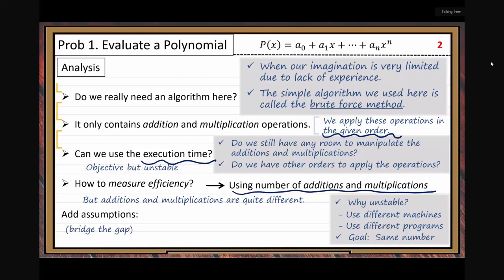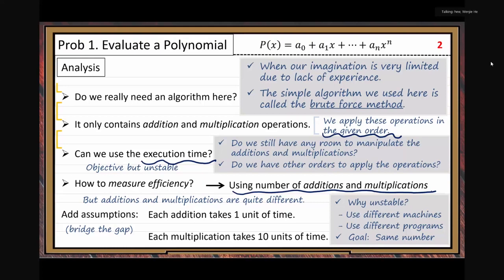Each addition takes 1 unit of time. If we assume each addition takes 1 time unit, then each multiplication takes 10 units of time. That's the approximate ratio, 10-to-1.